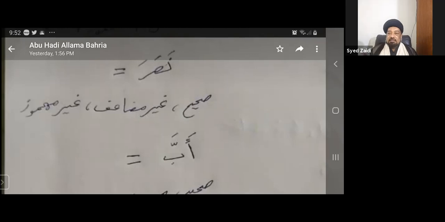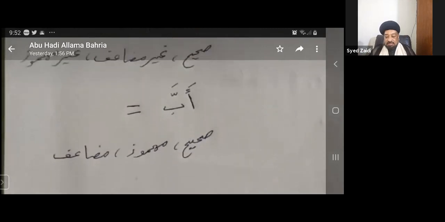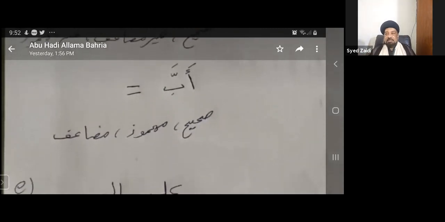So there, you know that there has been a process, which is called idgham. The two of the root letters are ba and ba. Therefore, it is mudha'af. So now, by looking at this word, scroll up please, you will say that this word abba is sahih.